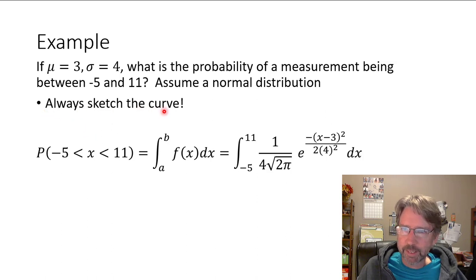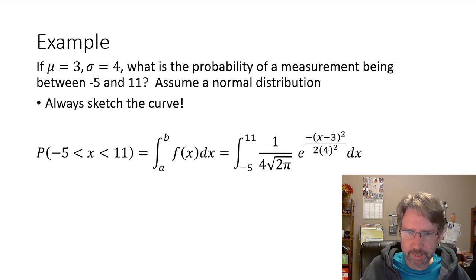Writing out the probability using the definition of probability distributions, it's the integral from -5 to 11 of the Gaussian function with a mean of 3 and a standard deviation of 4. So you could plug that into your calculator and get the answer.